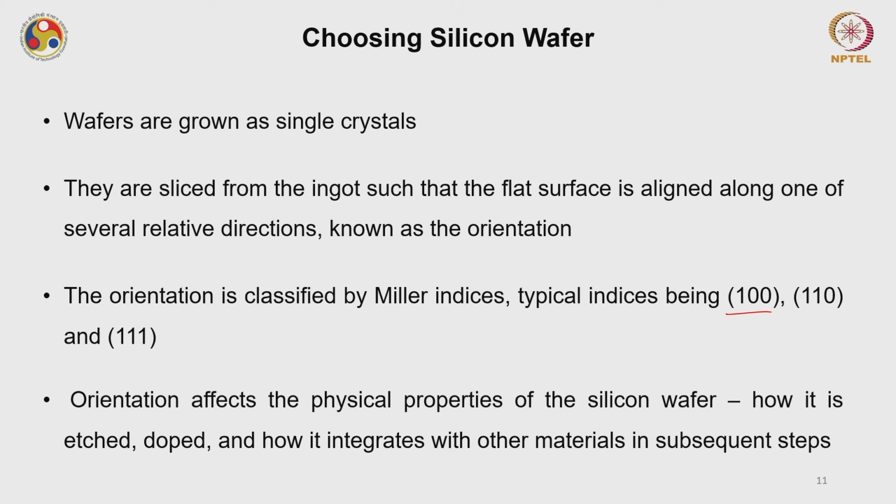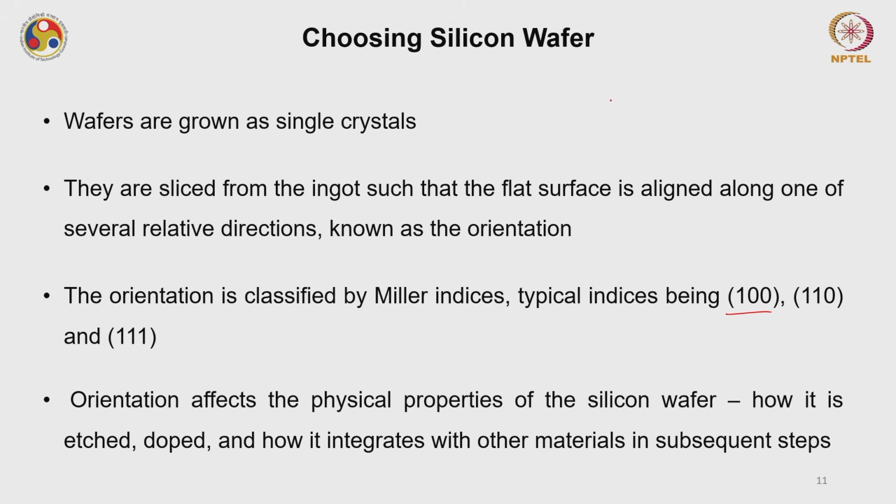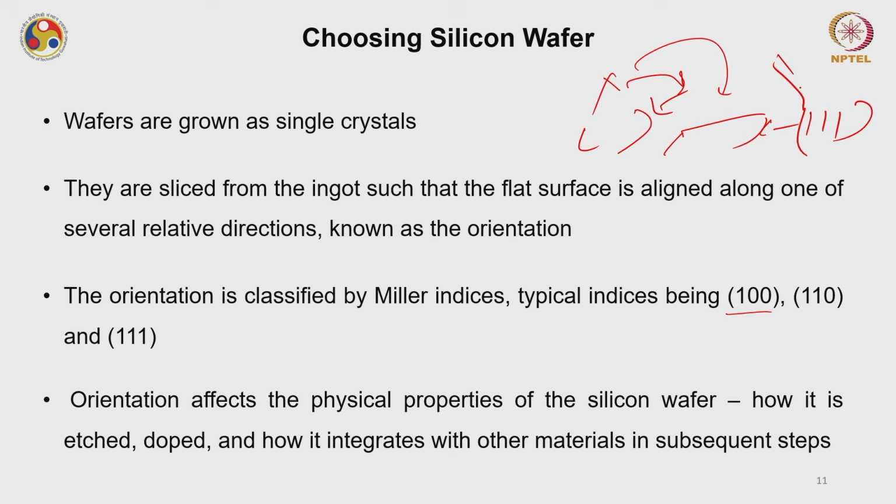How these wafers are going to behave while etching, while doping, and how they are going to integrate with other materials in subsequent steps is very crucial. Say you have a material X that you want to deposit, and its adhesion on a 111 wafer is very good, but you are using a 100 wafer; it may not be as good as on 111. So if you have the ability, you should always go with 111 over the 100 wafers.